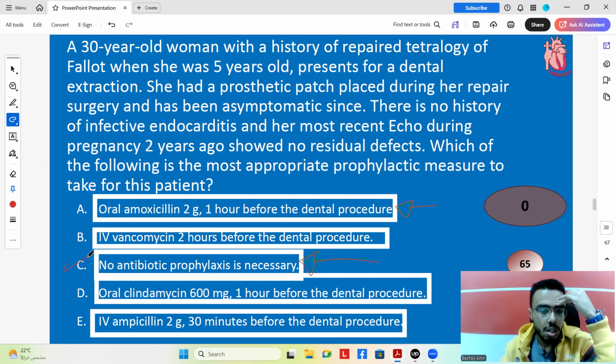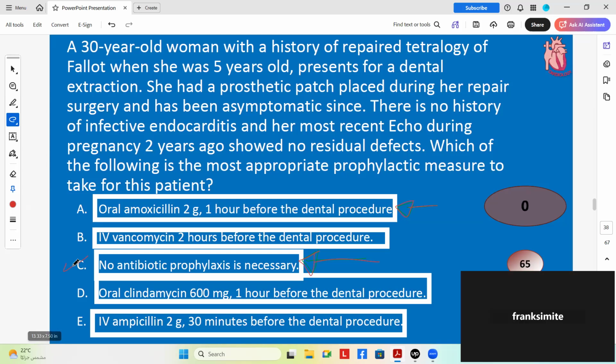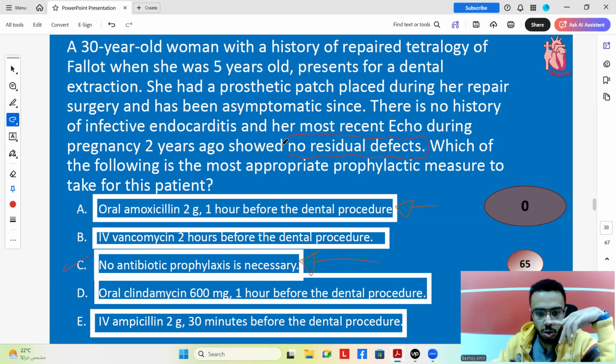What's making her low risk, according to what we have? The timeline, it's been a long time since she had any kind of cardiac abnormalities. The echo was negative, she never had a residual defect, and any residual defect would be making us do prophylaxis.